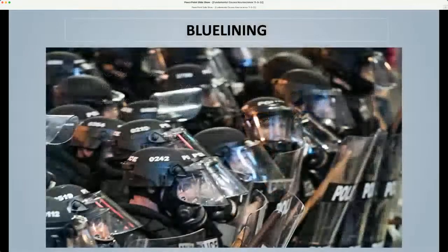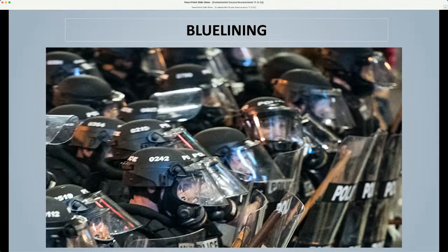We're going to now turn to blue lining. I might do a little bit more rushing through here because of time. I got lost with this technology, so I'm going to do a little bit of quick editing as we go through here. So blue lining refers to over-policing of redlined communities to protect and defend the status quo of racial discrimination.